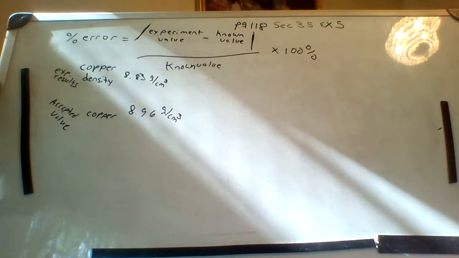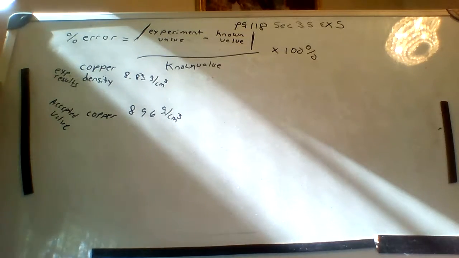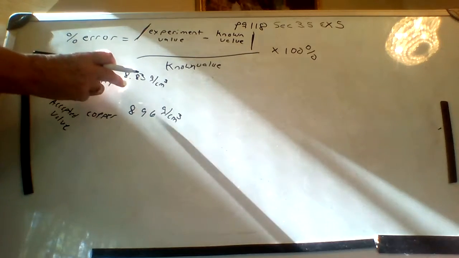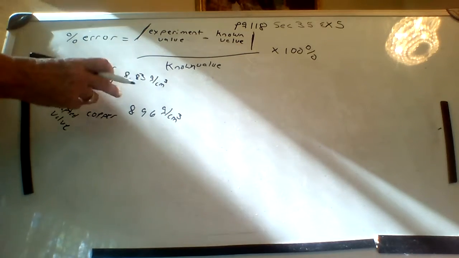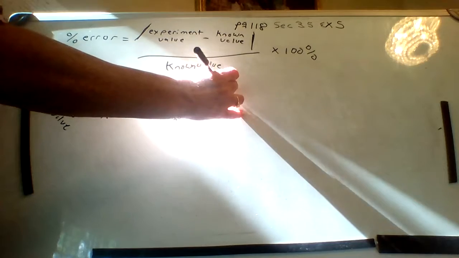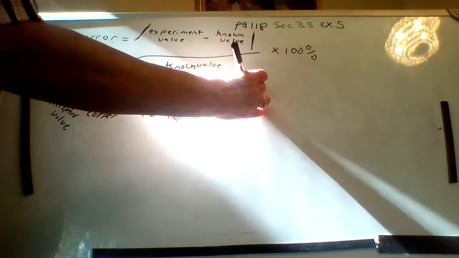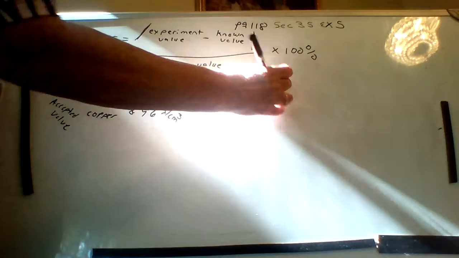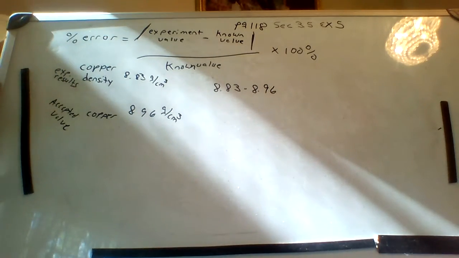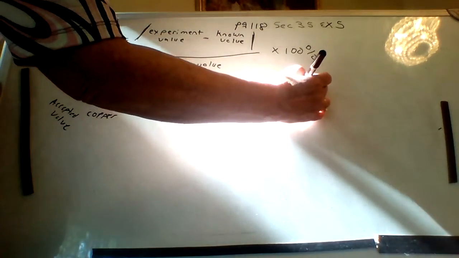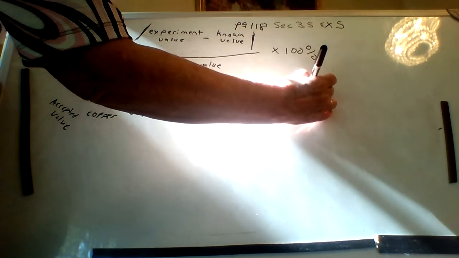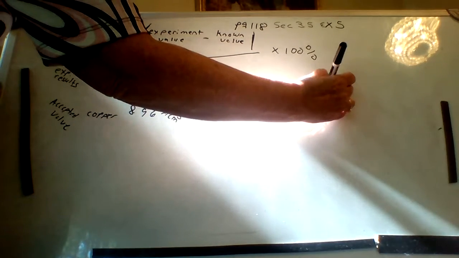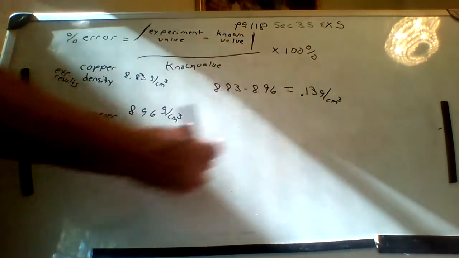So the first thing we're going to do is, when it says experimental error, they're talking about the change, okay? So that error would be his experiment, 8.83 minus 8.96, all right, and we subtract that, and we're going to get 0.13 grams per centimeter cubed, okay?